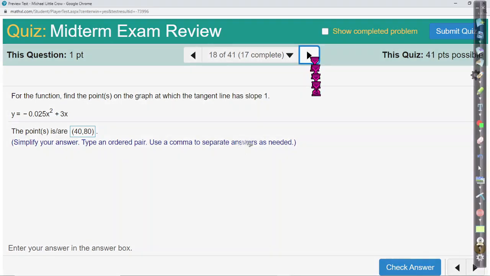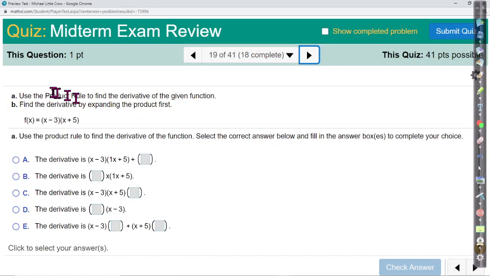Use the product rule to find the derivative of the given function, and then we can fill it in on one of these. So product rule. The way I like to think of the product rule, we've got a left and we've got a right.